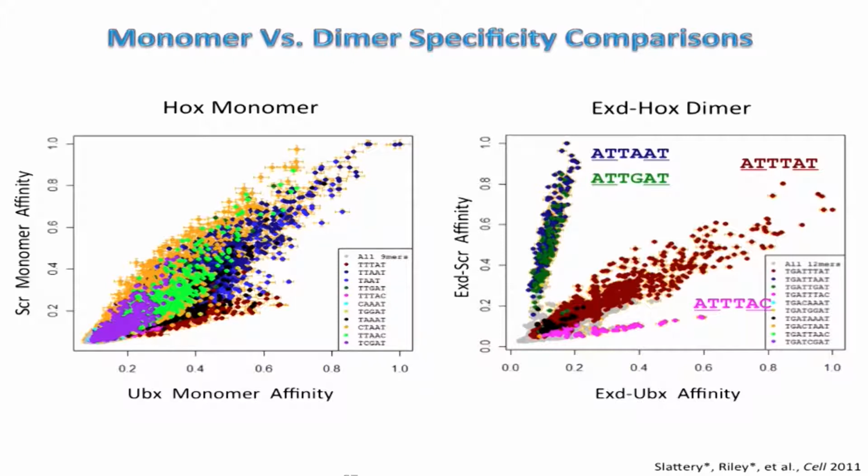Theoretically, we believe it's because of different interactions with the minor groove, as in the previous crystal structure I showed you of Sex combs reduced and Extradenticle complex bound to DNA. When you replace Sex combs reduced with other Hox factors, that changes the minor groove interactions, which changes the specificities of the nucleotides corresponding to that minor groove in the center of the binding site.